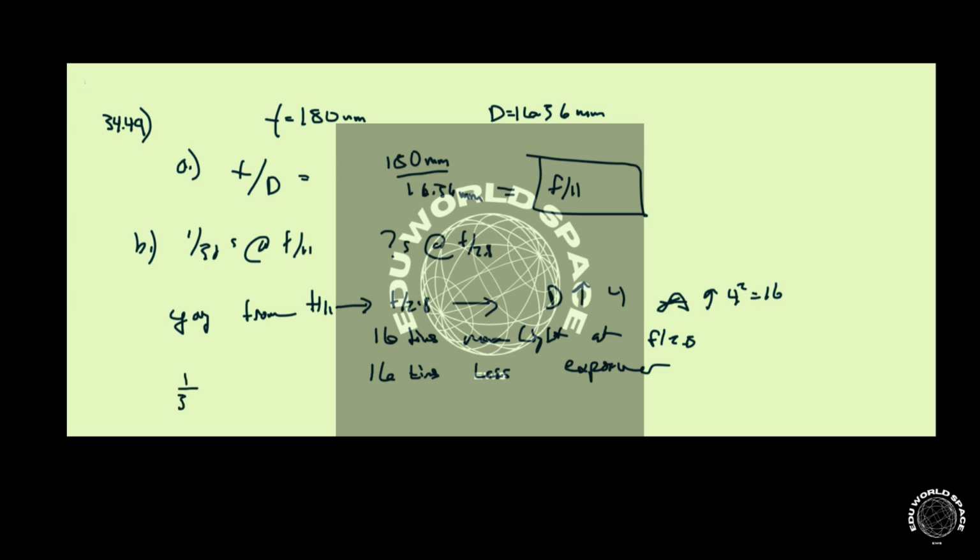Okay, so if we start out with 1/30th second, we need 16 times less. Divide that by 16. This becomes 1/480th of a second, or also 2.1 milliseconds. So that's what the exposure should be.